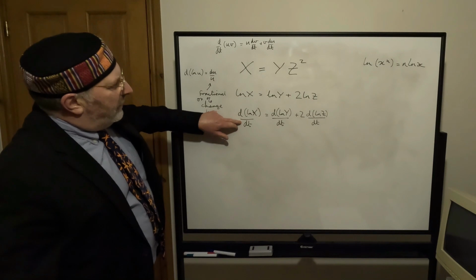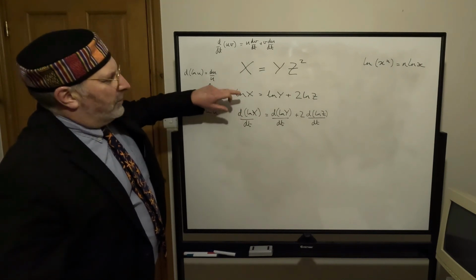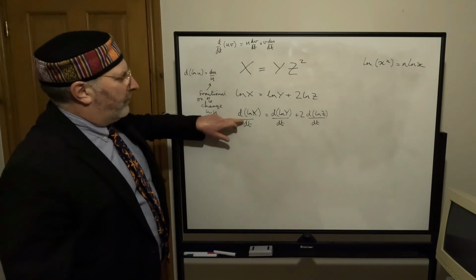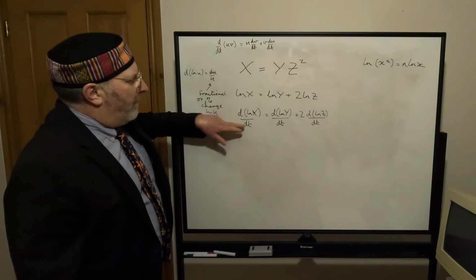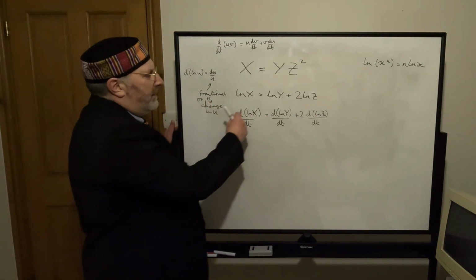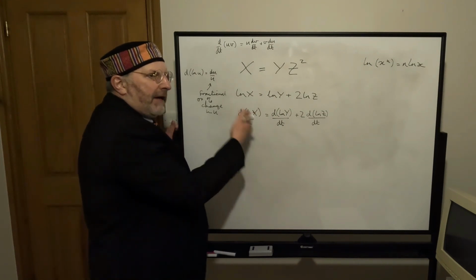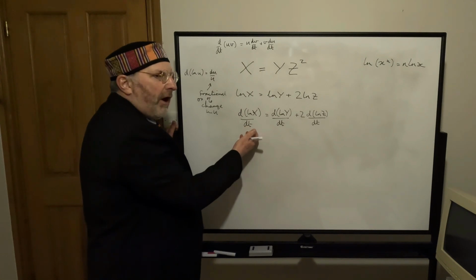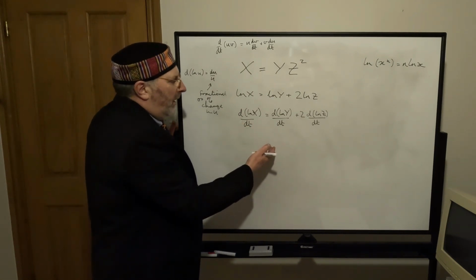So this is the fractional rate of change in x. It's a fractional change in x over the time taken. So it would be something like 10% per year. So the fractional change in x is 10%, and it's the rate with respect to time, so it's per year.